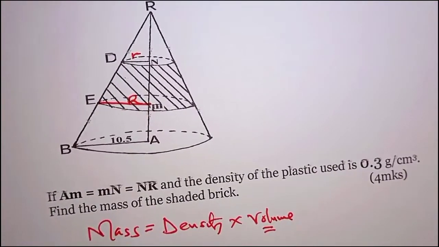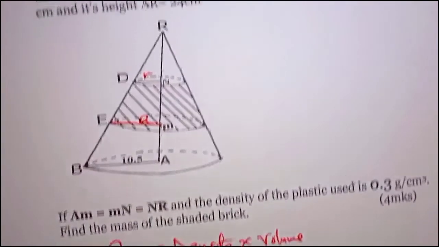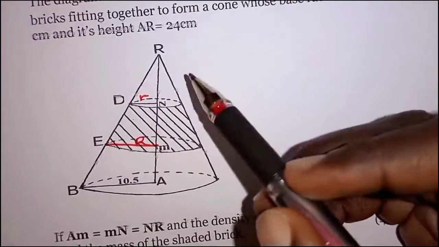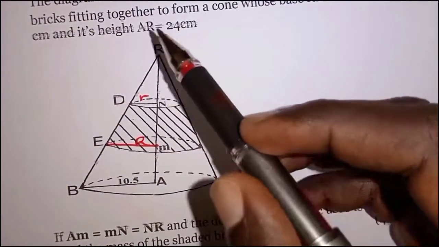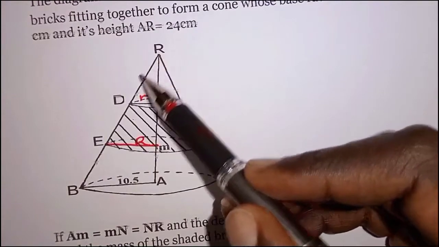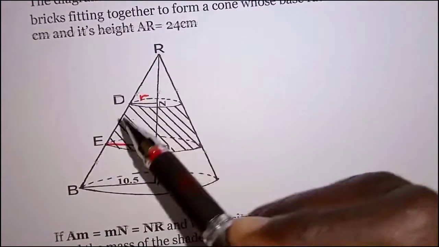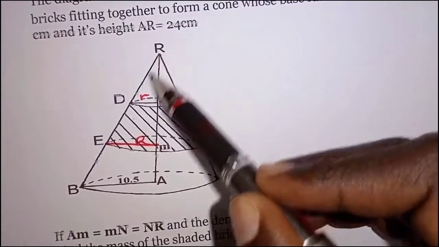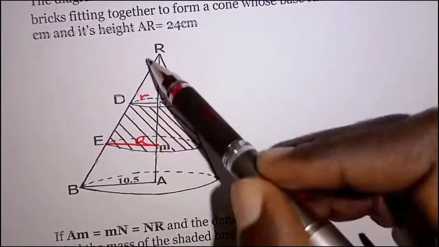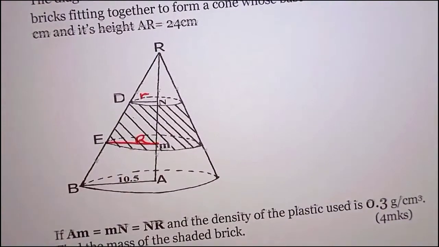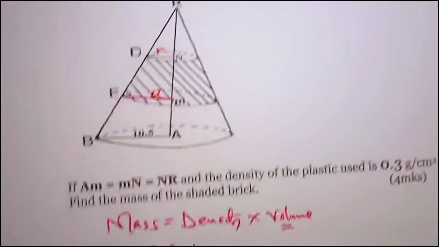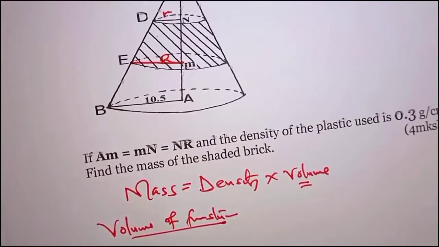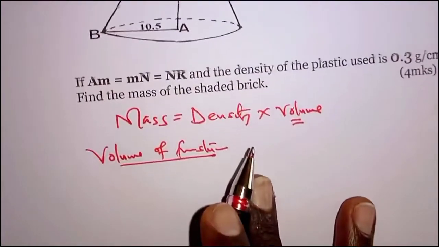We are going to apply similarity here. Remember, in this diagram we have 3 cones which are similar. So we have the bigger one, and we have this other one, and finally the smaller one, the uppermost one. So using those cones, we can determine R as follows.